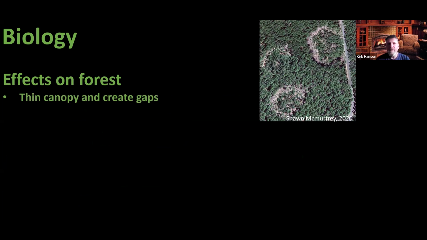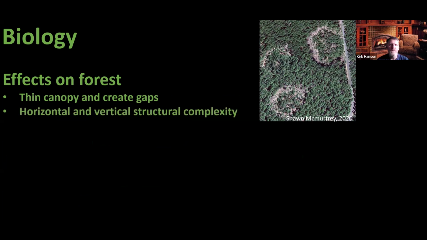So, effects on the forest. This causes thinning of the canopy in stands that are dominated by Douglas fir, as well as creating gaps in the forest canopy. And this then, of course, leads to a combination of both horizontal and vertical structural complexity. What that means is, again, punching holes in the stand, creating some gaps at the horizontal level, as well as creating snags and other types of structures, allowing other trees to come in that increase the structural complexity on the vertical axis of a forest.